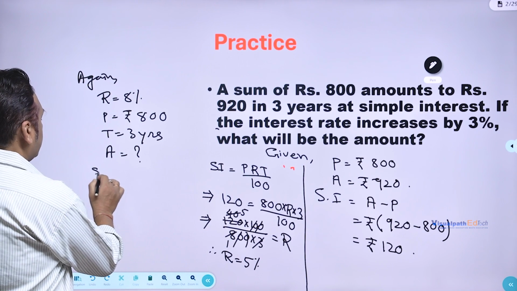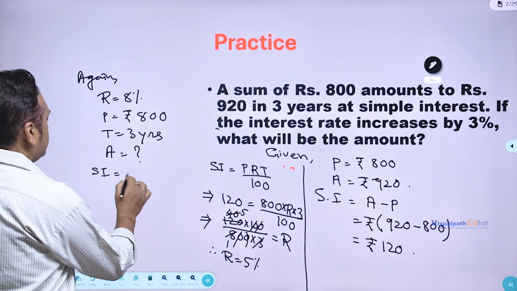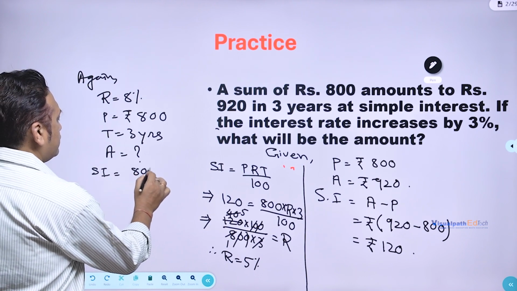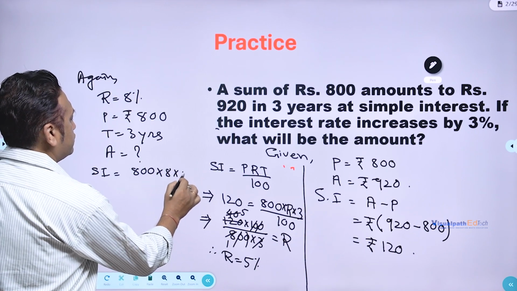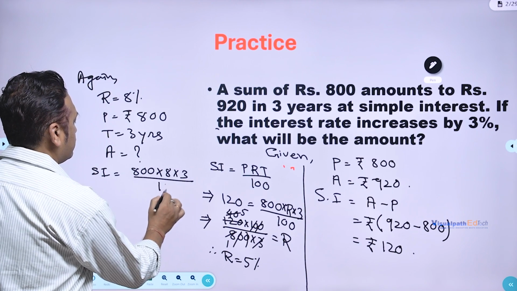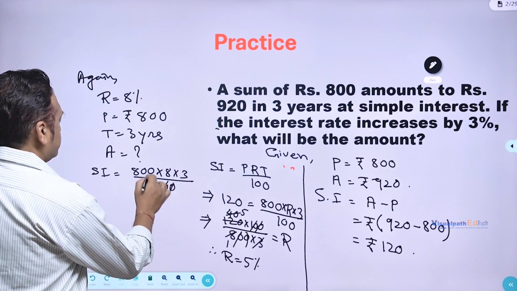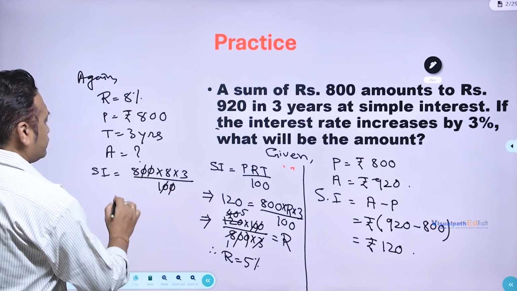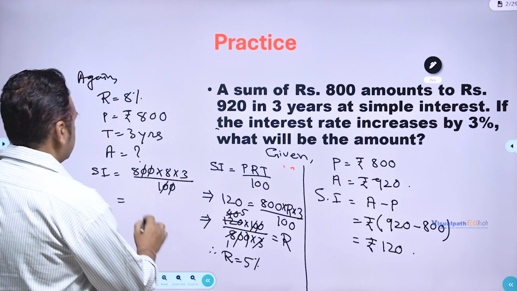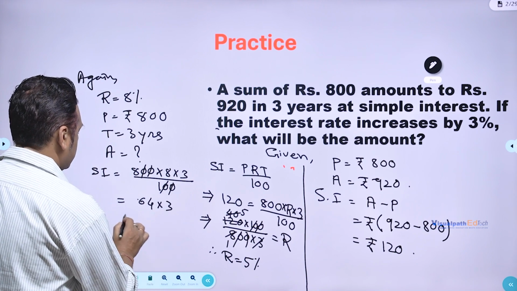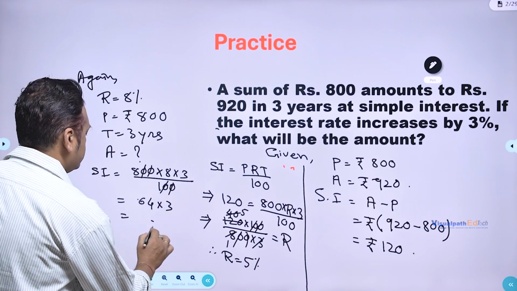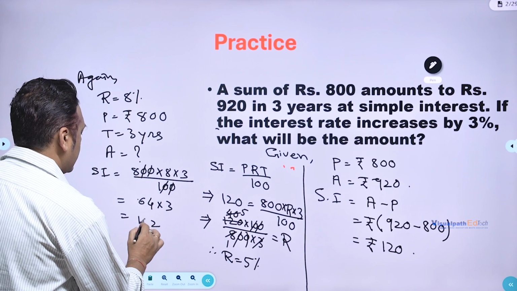So principal remains same, 800, time remains same, 3 years, rate will change from 5 to 8%, and we are asked to find out the amount. So we'll apply the formula. First we'll find SI, that will be 800 into 8 into 3 divided by 100. So we'll get 64 into 3, that is 192.